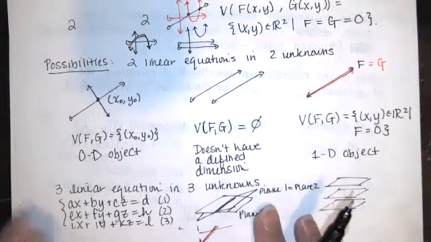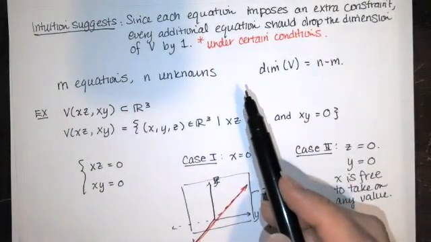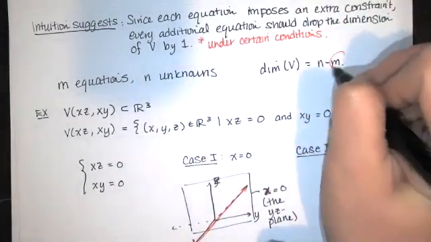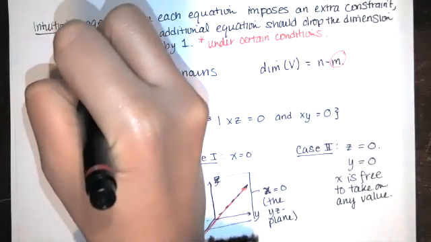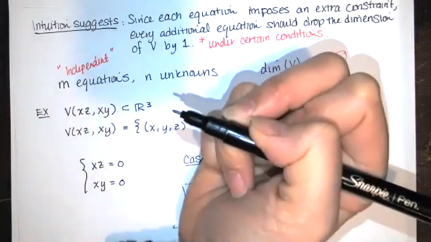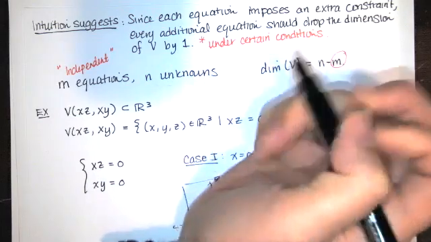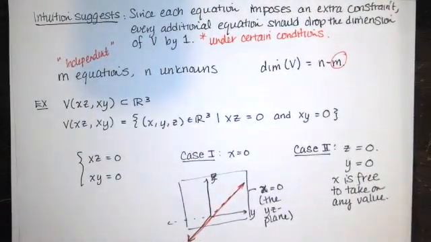So the dimensionality is not just this, but this number that we end up subtracting has something to do with the number of independent equations. And then we're going to say, well, what does it mean to be independent when you're talking about polynomial equations and affine varieties? That will be discussed later.